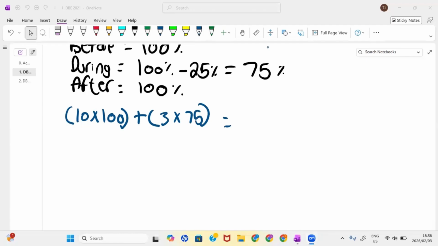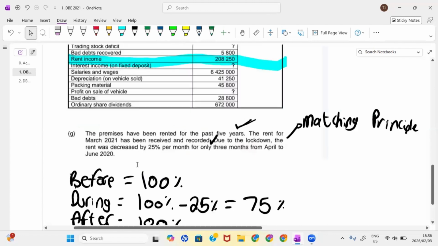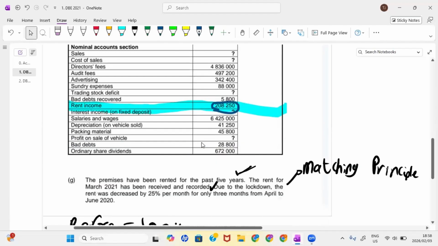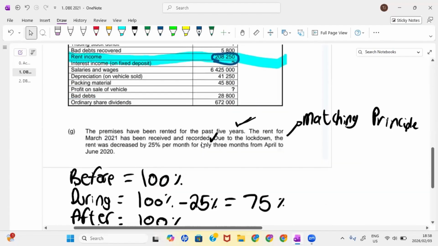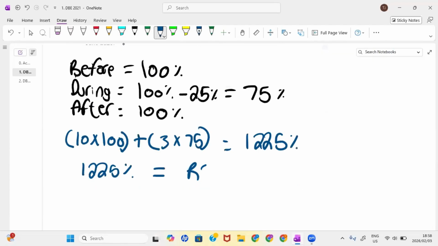So we know it gives us 1,225%, for the full 13 months. So the 1,225% is equivalent to the 208,250 mentioned within the pre-adjustment trial balance, as you can see.